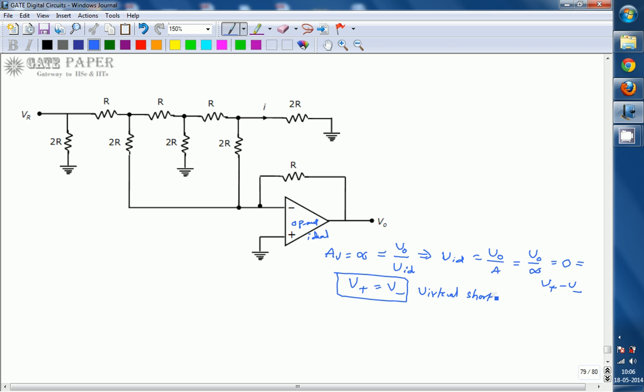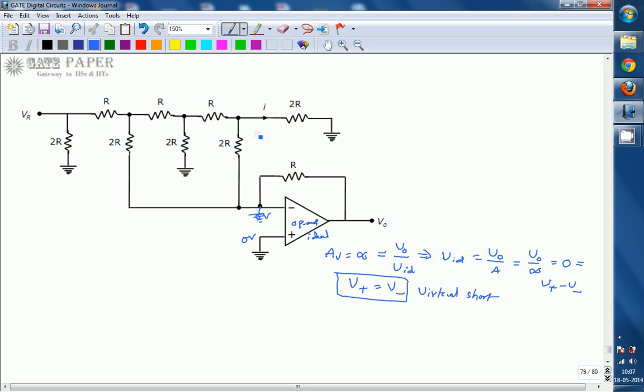Whenever one terminal voltage is known, the other terminal is also at the same voltage. Since V plus is connected at 0 volts, the inverting terminal is also at 0 volts, which can be treated as ground.